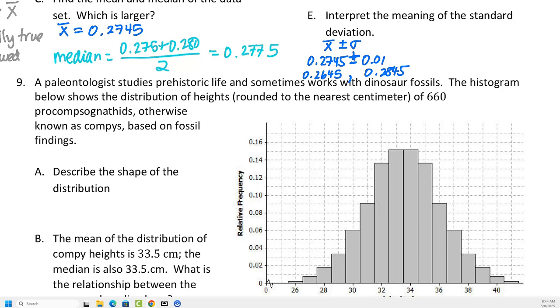I'm going to calculate that standard deviation. In my notes, I have something different.